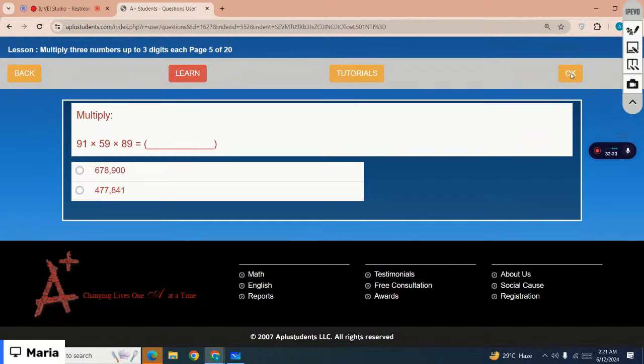So which is the correct option? That is 477,841. Option number 2 is the correct option. Got it?